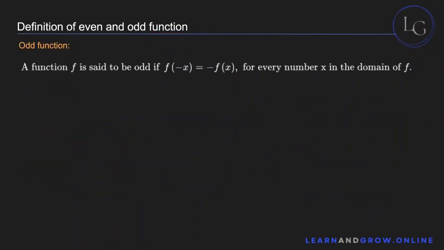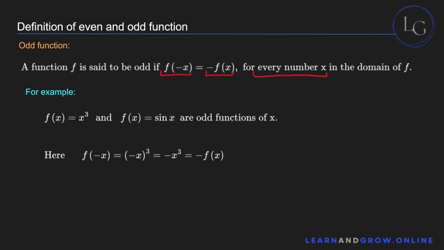Let's see what an odd function is. If f of negative x yields negative f of positive x, and that is true for every number x in the domain of f, that function is an odd function, right? So here is an example. If f of x is equal to x cubed, let's take this one. As you know, the domain of x cubed is any real number, so let's just take an example, f of, say, negative 2.